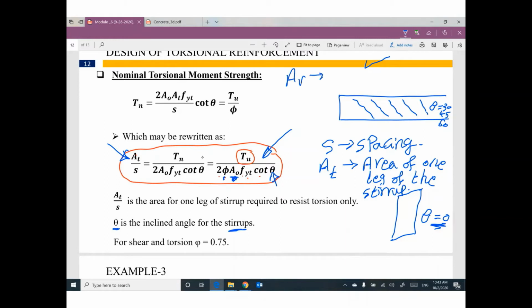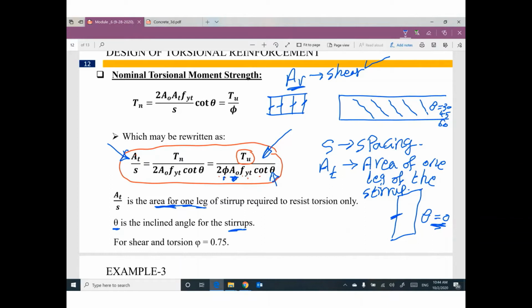Area V was the area of all legs of the stirrup. If you have 4 legs, it is the area of the whole 4 legs. But right now, I'm talking about area T, which is the area of one leg only. Area of one leg of the stirrup.